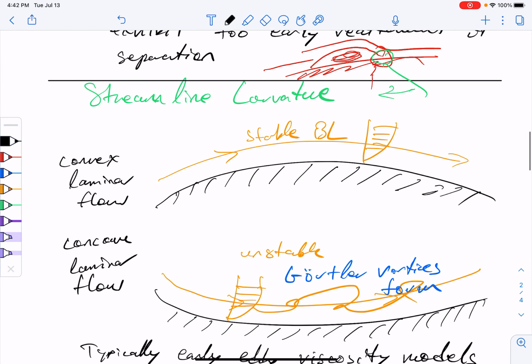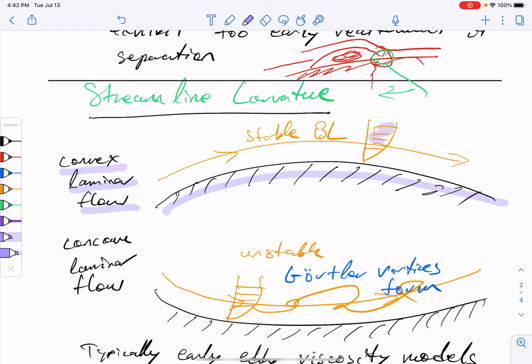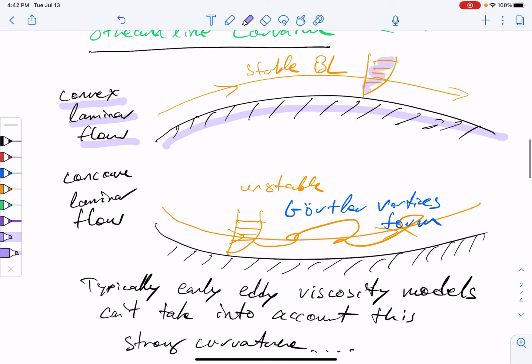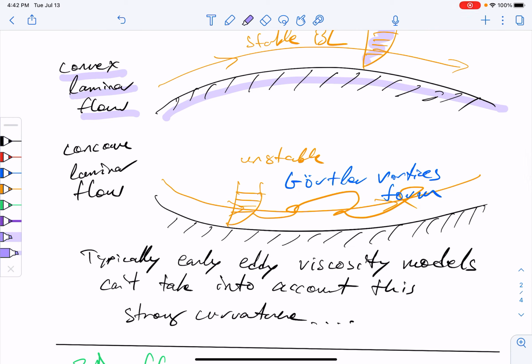Second major problem identified for external aerodynamics in the traditional models is to do with streamline curvature. It's well known from experiments and traditional stability analysis that if you have a convex laminar boundary layer, and here's the wall, here's the boundary layer profile, that if it's a convex shape, the flow would be stable. If it is concave laminar flow, and here now the wall is a concave shape, like a concave mirror, the flow would be unstable and the so-called Gortler vortices form.